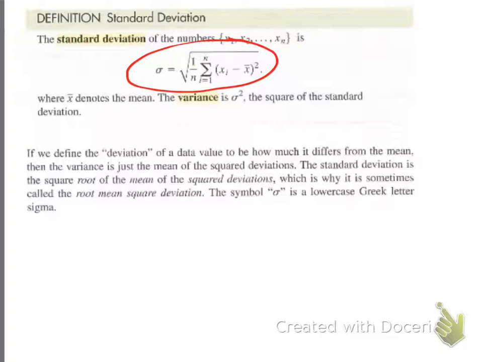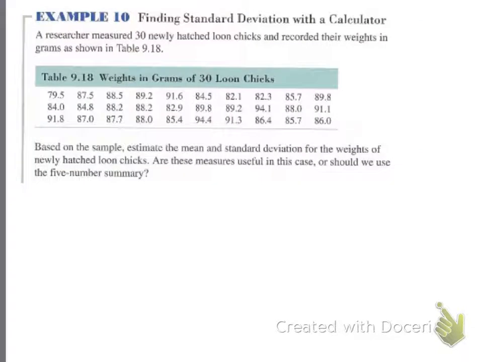So really what this means is standard deviation is what is our difference from the mean on either side. So if our standard deviation was, say, 5, that means that based on the mean, one standard deviation would be 5 on either side, plus 5 or minus 5.